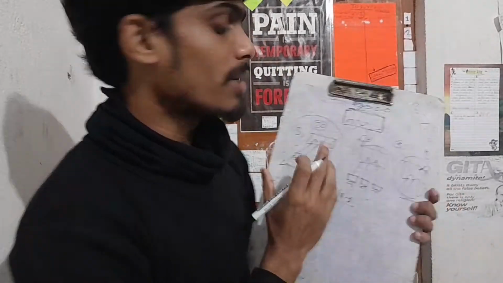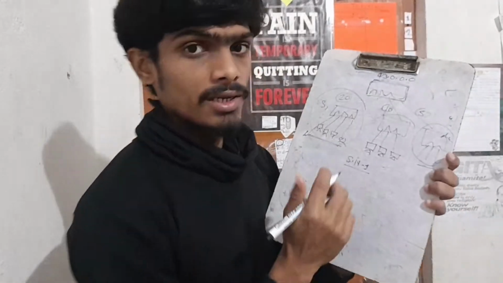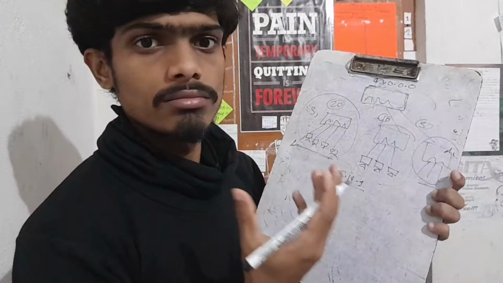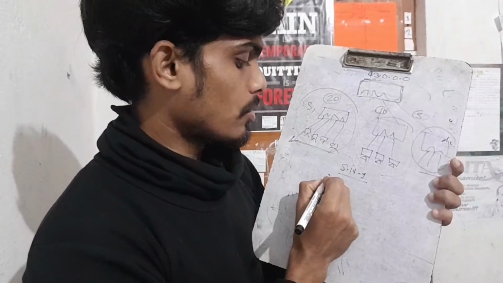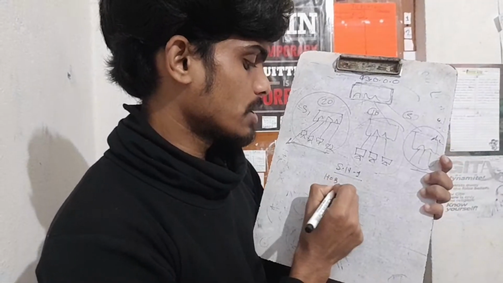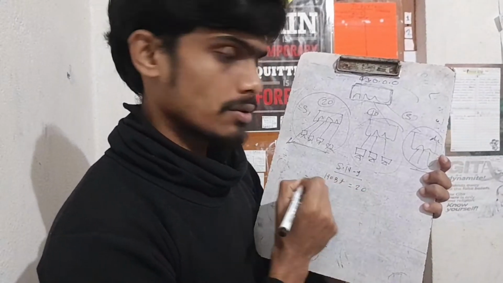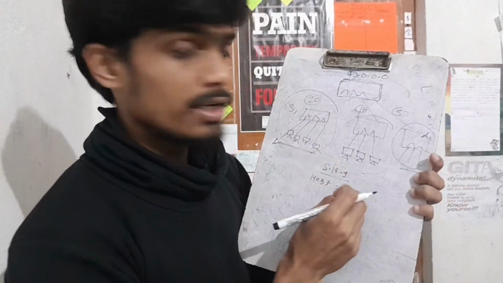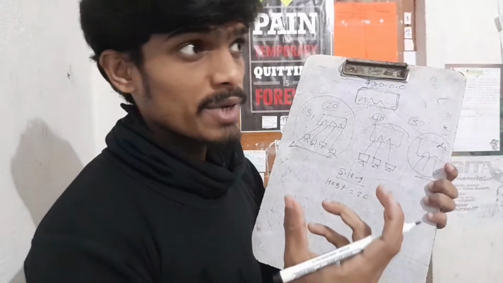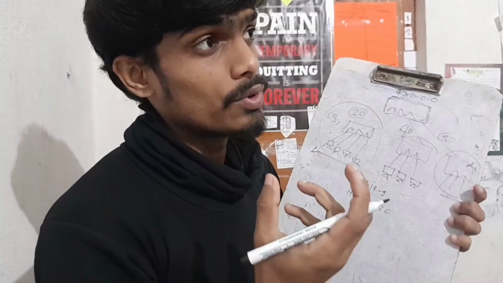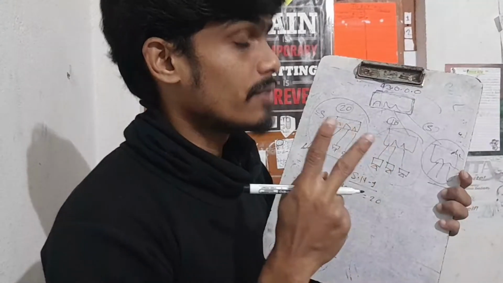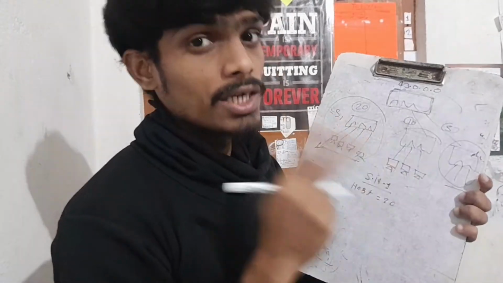How many devices are available in this? 20. So how many hosts do we have? 20 hosts, but how many do we need? For 20 devices, how many IP addresses do we need at least? For 20 devices we need at least 22 IP addresses.